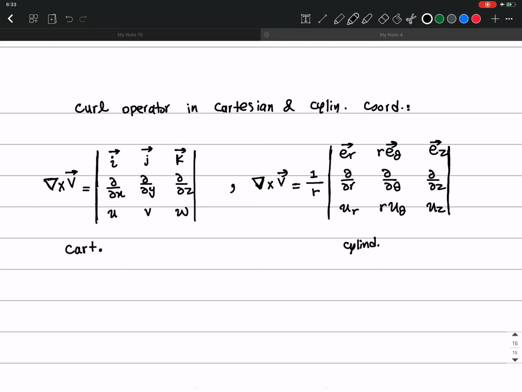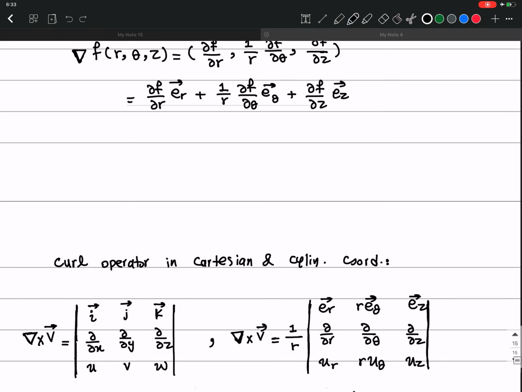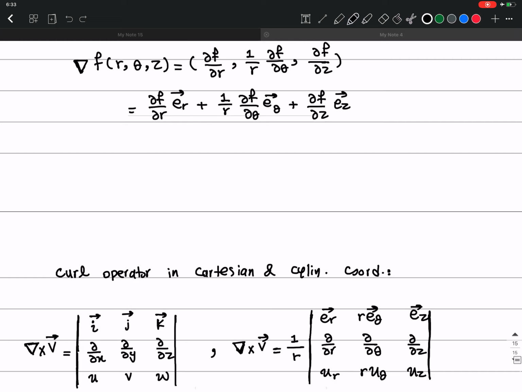So the vorticity vector in cylindrical coordinate system, based on this, and we know this is the grad, right? I just used this formula here.